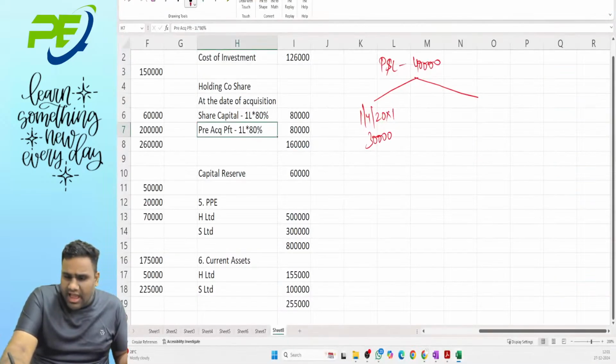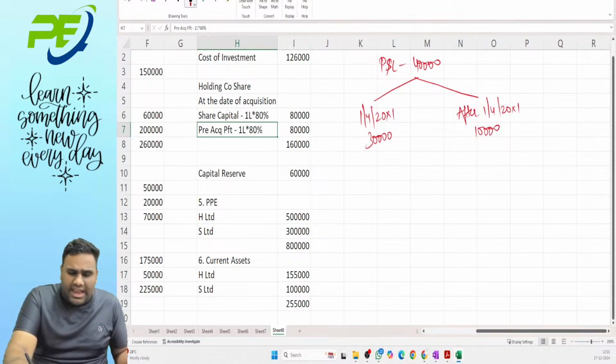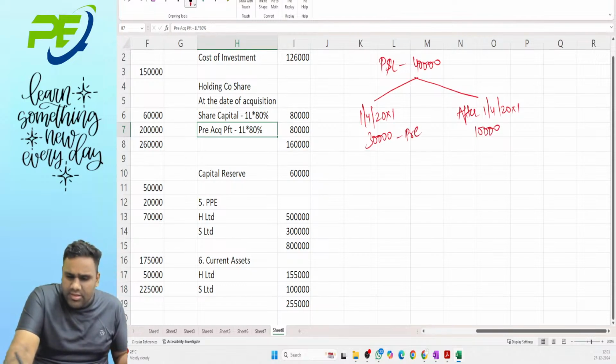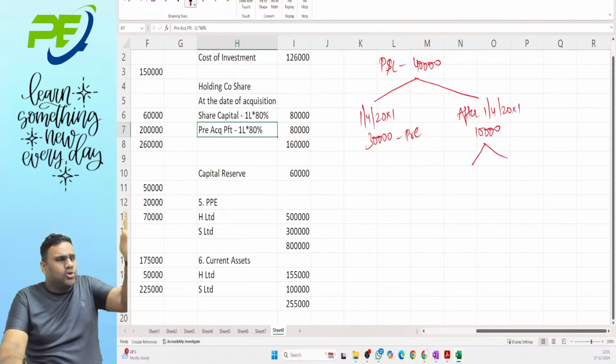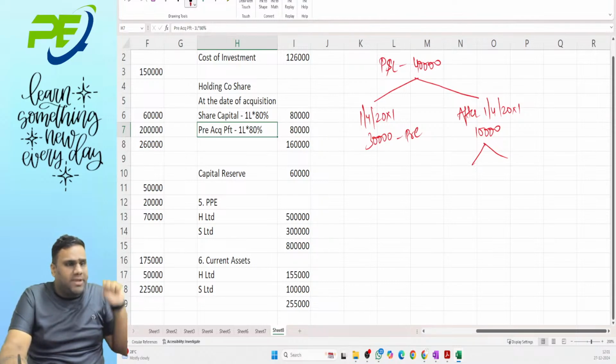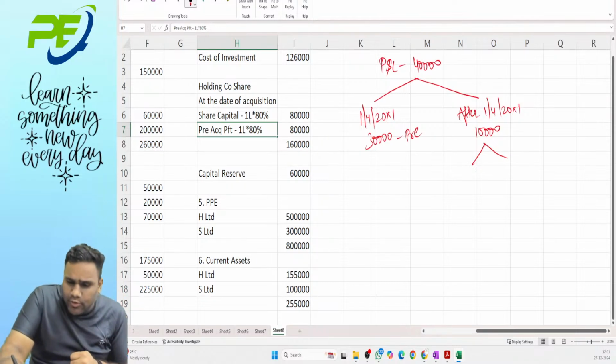And after 1st April 20x1, it is 10,000. This is entirely pre: April, May, June, July, 4 months is pre. So 10,000 into 4 by 12.